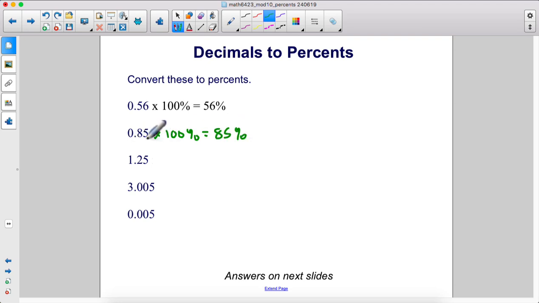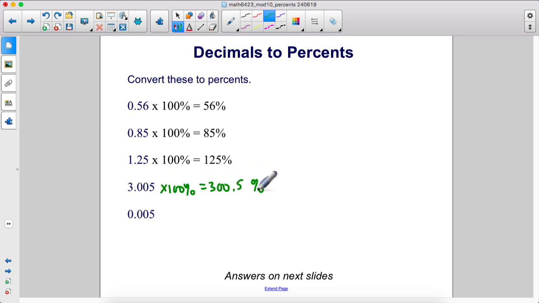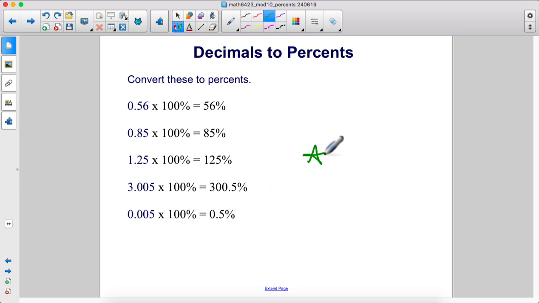Just move that decimal 2 places to the right because we're multiplying by 100. 1.25 times 100%, move the decimal 2 places to the right, and we get 125%. 3.005 times 100% equals 300.5%. 0.005 times 100%, let's move the decimal there, 0.5%. And here are all of the answers.